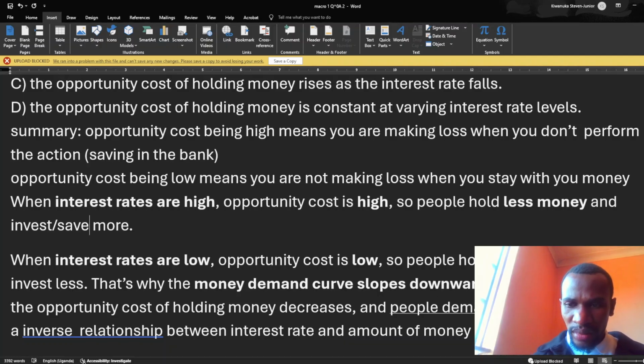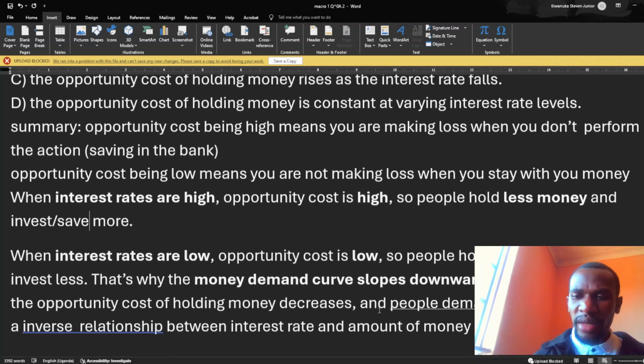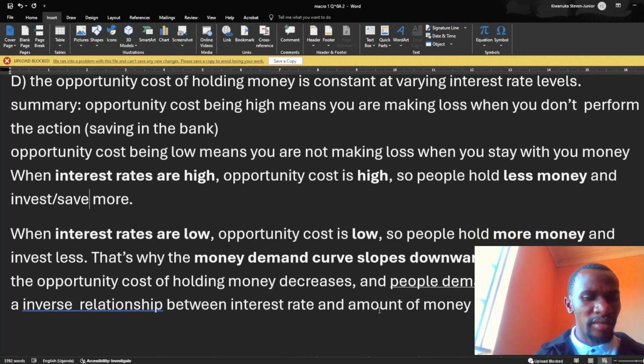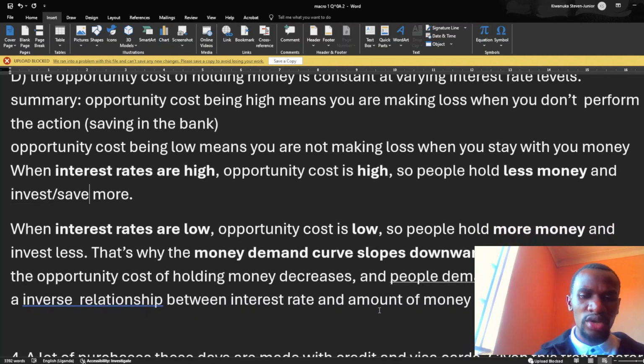That is why the money demand curve slopes downward. As interest rates fall, the opportunity cost of holding money decreases, and people demand more money, making it an inverse relationship between the interest rate and the amount of money demanded.